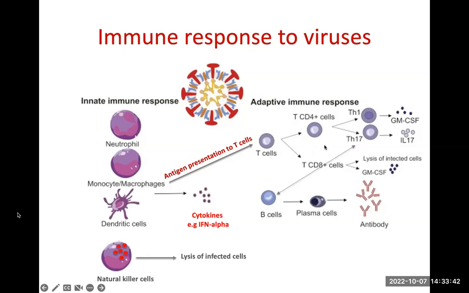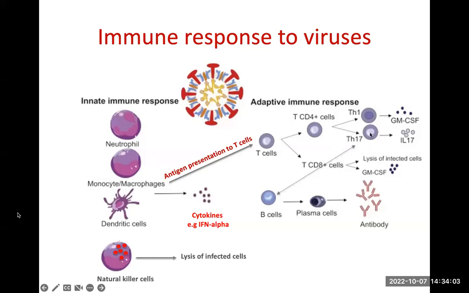And the T cells will respond differently depending on the subtype of T cell. Like CD4 T cells will produce more cytokines to coordinate the immune system in a more refined manner, while CD8 T cells will go and release cytolytic granules that will kill the infected cells.